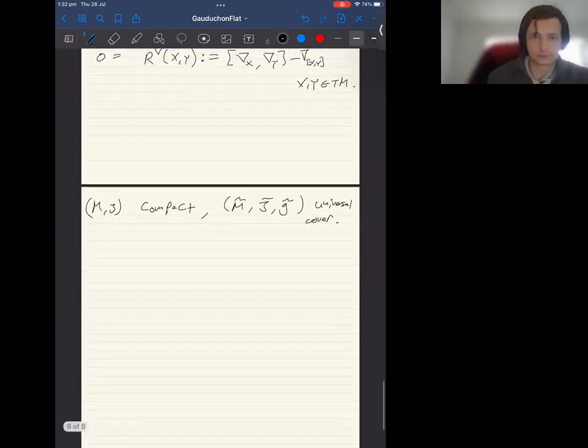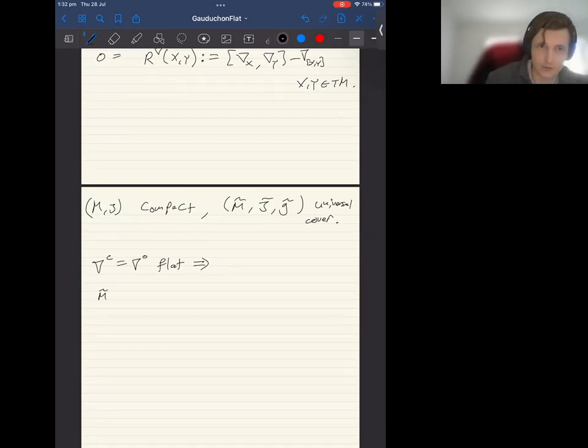Okay, if the Chern connection, which remember is just the kind of origin of our line, is flat, then it's a result of Boothby that it's covered by a complex Lie group. So the universal cover has a Lie group structure. The complex structure, when we lift it, is bi-invariant. And the Riemannian metric is left invariant.